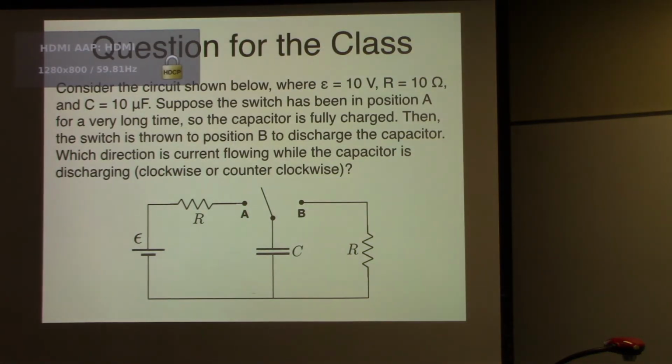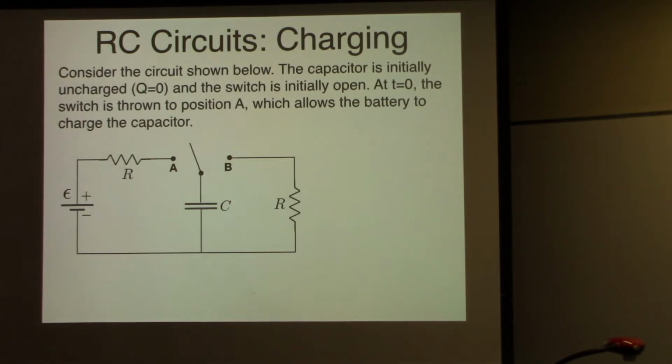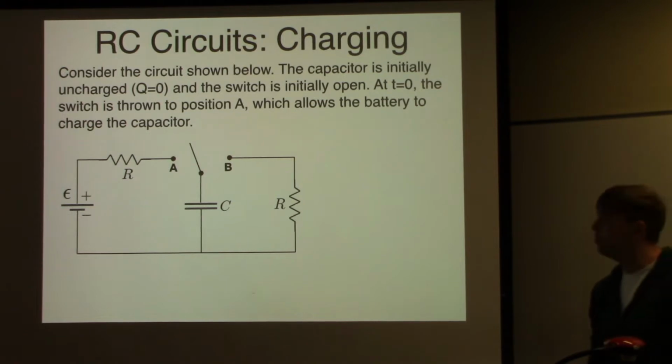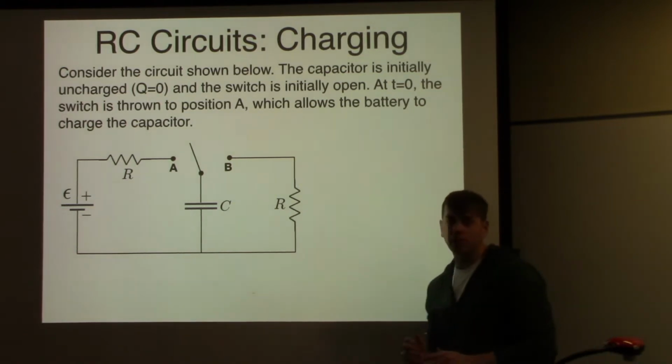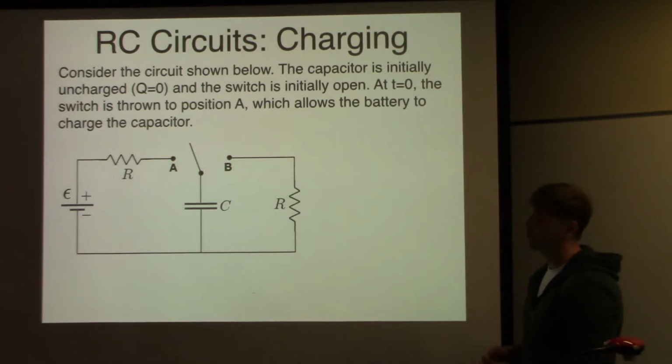All right. So all of this was kind of a warm-up. Now we're really going to get into the math and the calculus of what's going on here. So what we're going to come up with in this next section is some equations that describe how RC circuits charge.